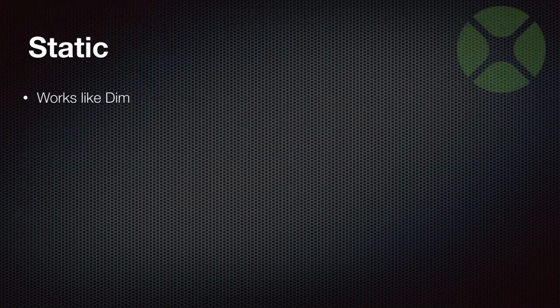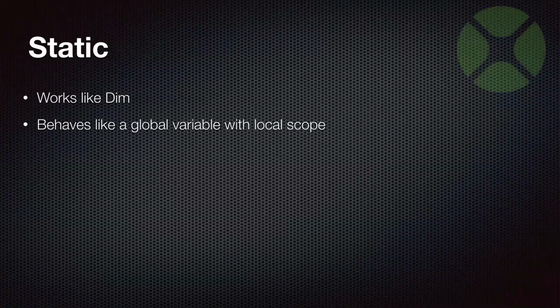The static command works like dim. So when you're declaring a variable, you do dim person as new whatever. Well, static replaces the word dim in that structure. Essentially, when you declare a variable using static, it behaves like a global variable, but it has local scope.